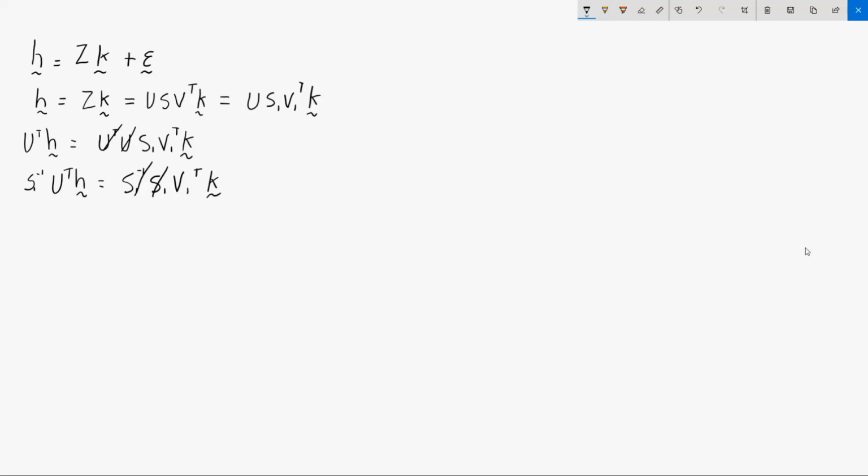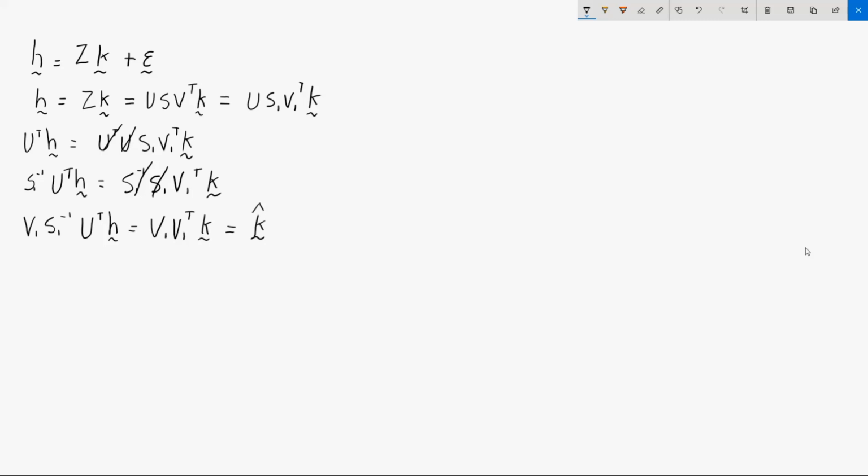Now I multiply both sides by V1 to obtain V1 S1 negative 1 U transpose H equals V1 V1 transpose K, which I am going to identify as the solution to my inverse problem.